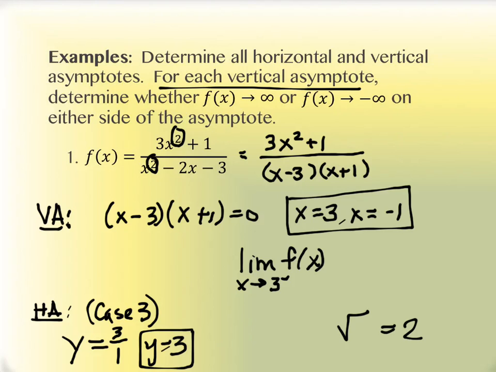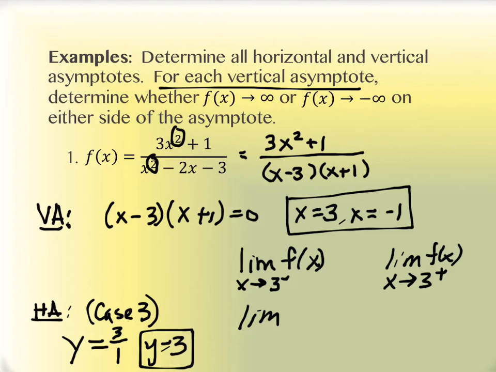Square root has no meaning apart from what's underneath it. Limit has no meaning apart from what you're taking the limit value of either. So make sure that you're including this function value inside of or next to that limit. So I need to do the limit as x approaches 3 from the left, the limit as x approaches 3 from the right, the limit as x approaches negative 1 from the left, and the limit as x approaches negative 1 from the right.